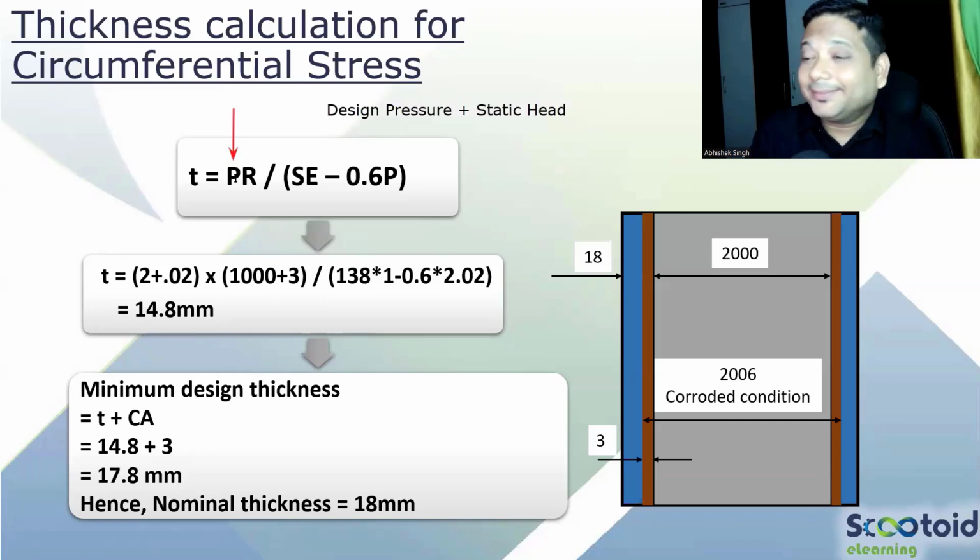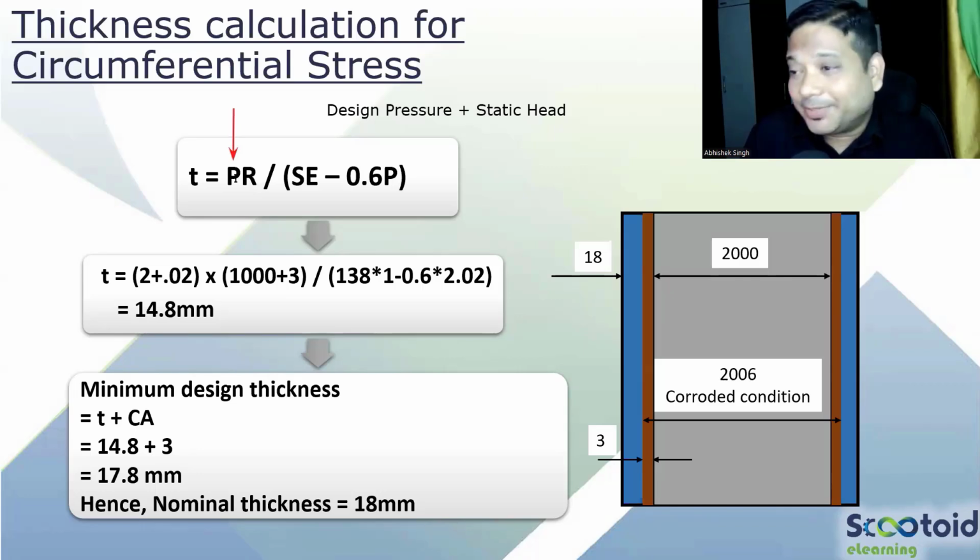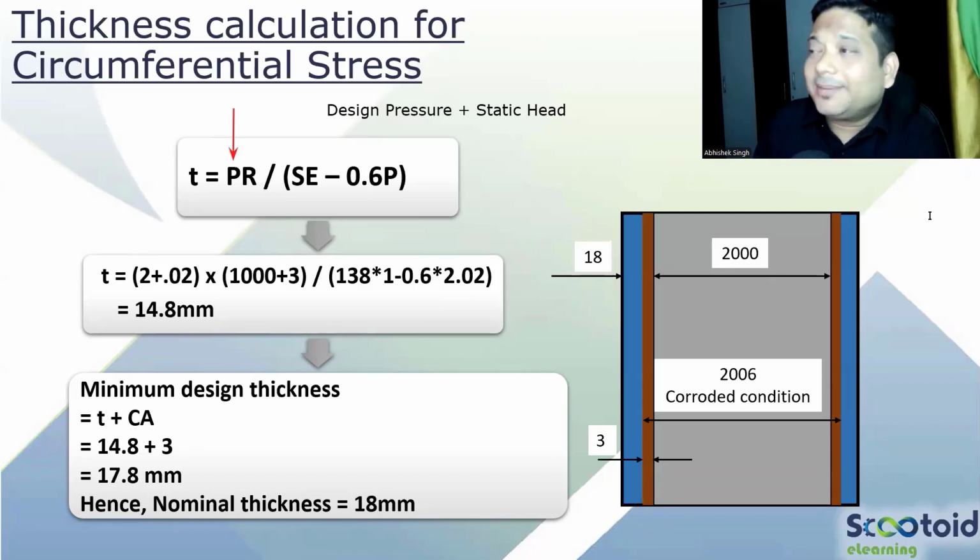So can I say that this is the maximum pressure which your vessel can take? If your answer is no, then why do you think this is not the maximum pressure? Forget about MAWP. We don't know MAWP till now. Forget about this 18 mm.